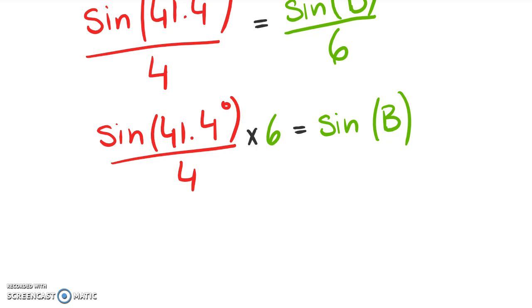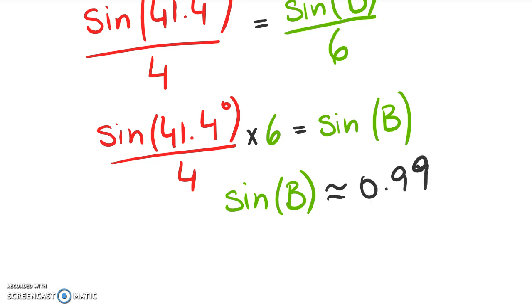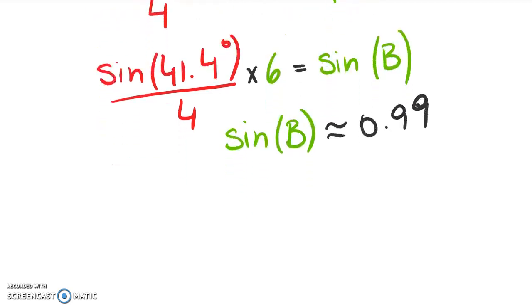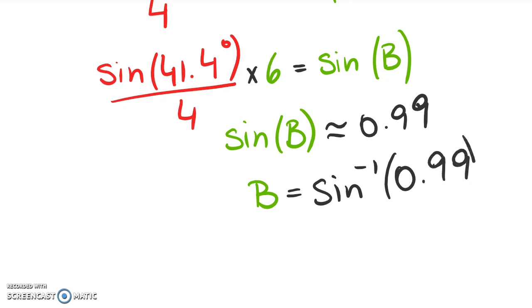So we know that sine of B is about 0.99. So now we'll use inverse sine to calculate what B is. B has to equal inverse sine of 0.99.